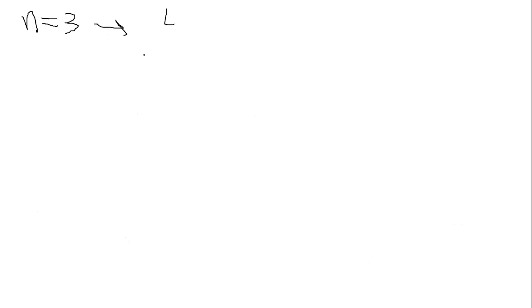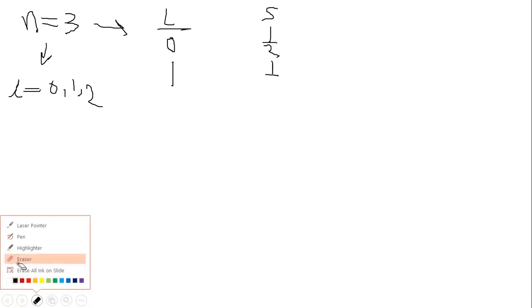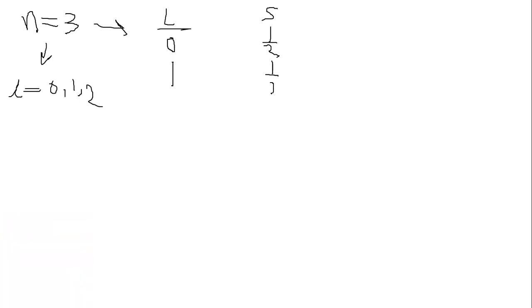For n equal to 3, we will get L values 0, 1, and 2, isn't it? Then L will be 0, S will be half; L will be 1, S will be half; and again L will be 2, and S will be half.